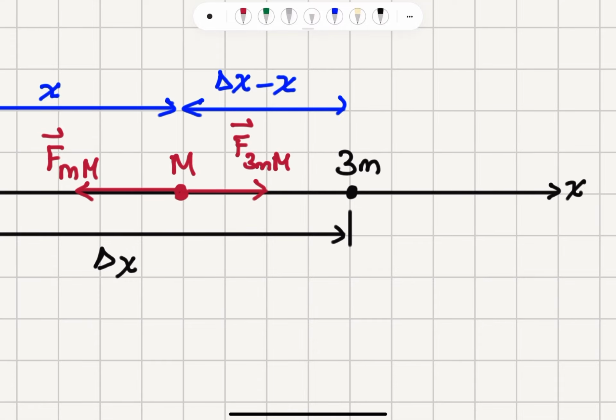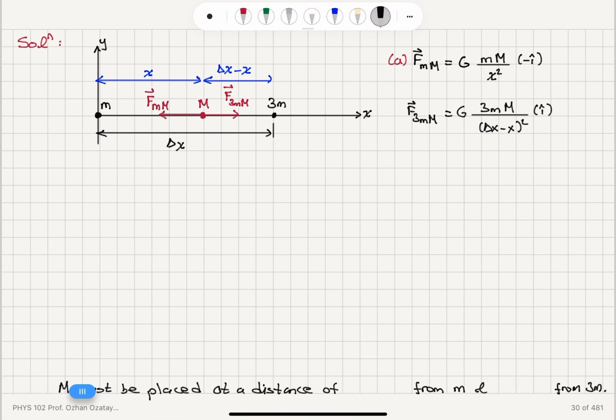It's attracted towards 3m. Okay, so what is the net gravitational force acting on capital M? Net force is the force applied by M on capital M plus the force applied by 3m on capital M. The first one was minus G M capital M over x squared in i hat direction.